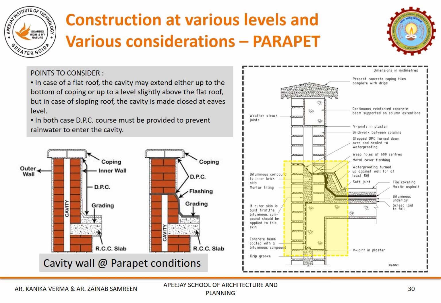In case of a sloping or pitched roof, the cavity is closed at the level of the eaves. Whenever the cavity extends up to the bottom of the coping, a DPC course is provided between the bottom of the coping and the top of the cavity.